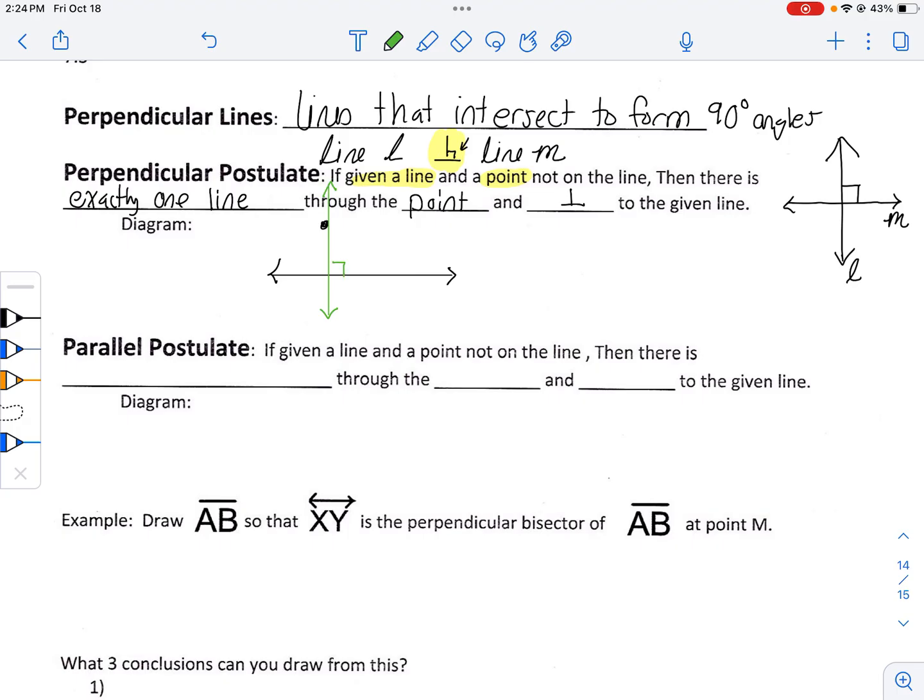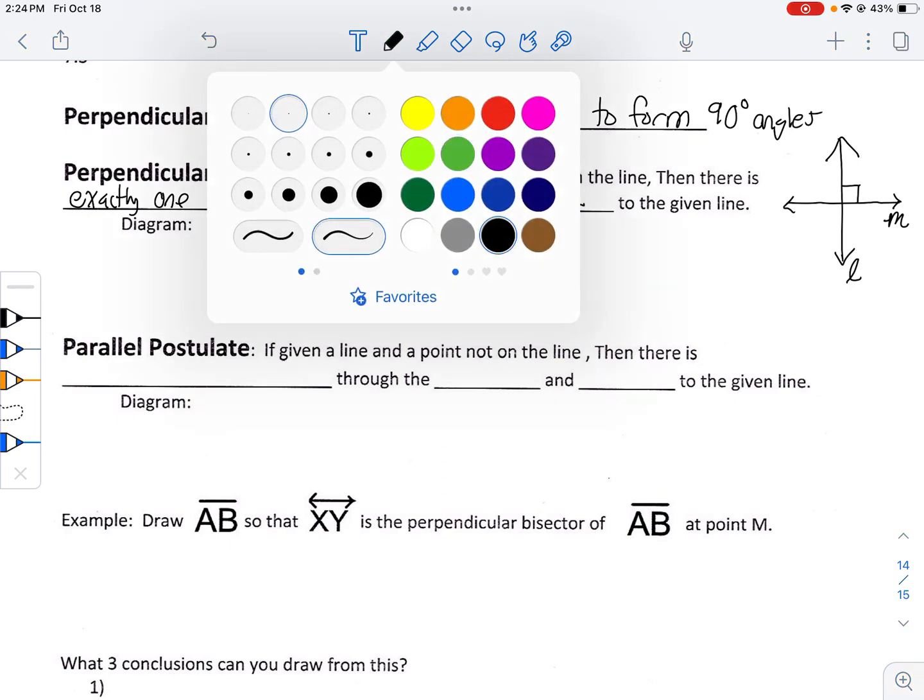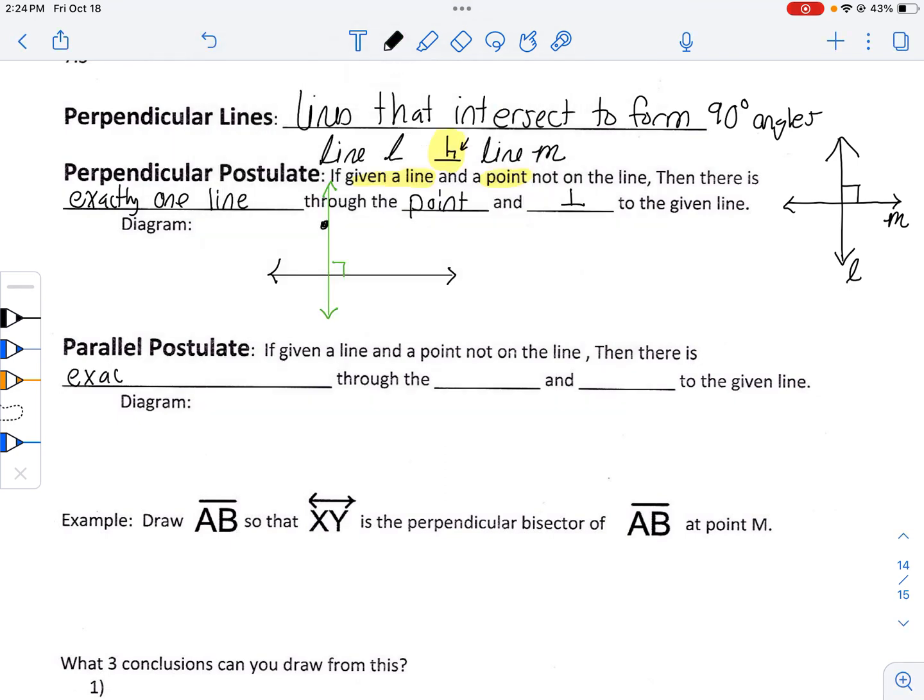Now, the parallel postulate is very similar. It says if given a line and a point not on the line, then there is exactly one line that goes through that point and is parallel to the given line. For example, once again, I'm going to draw a line and a point that's not on the line.